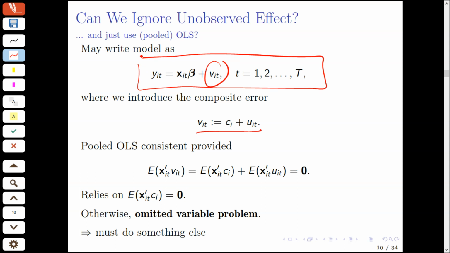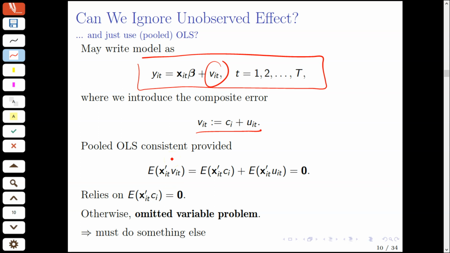Now, if we're ignoring that different observations can arise from the same individual, and we proceed using pooled OLS, then we know that pooled OLS is consistent provided that the regressors, in our case the x_it's, are uncorrelated with the error term, which in this case is this composite error term.